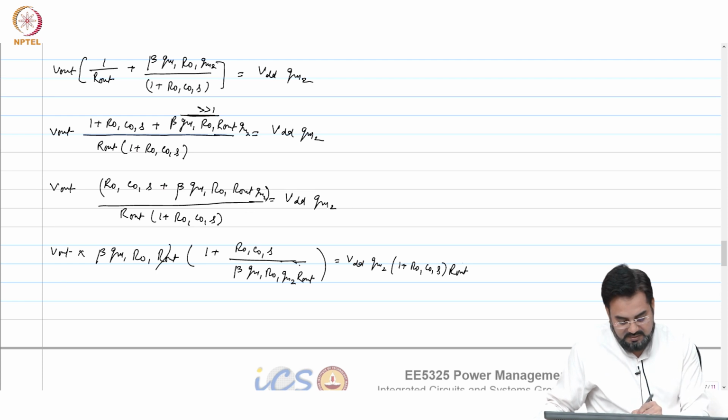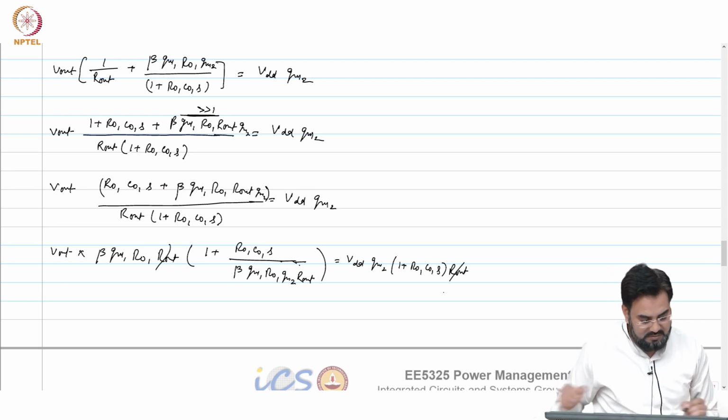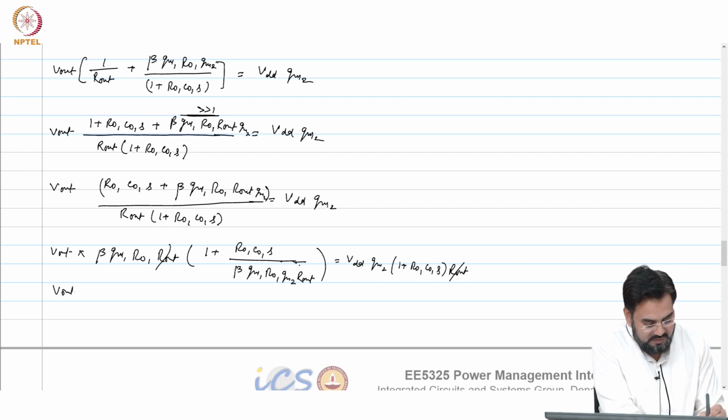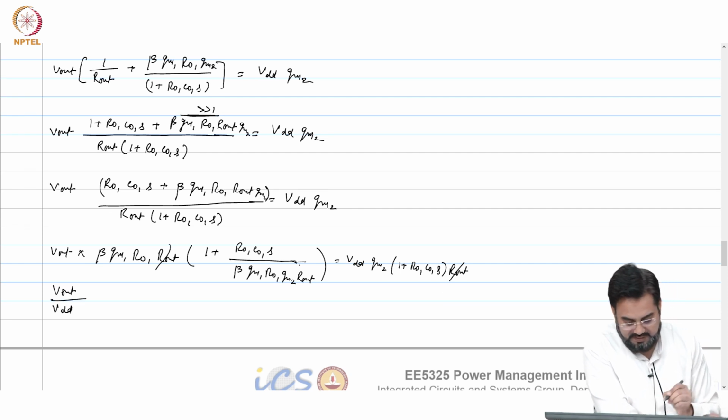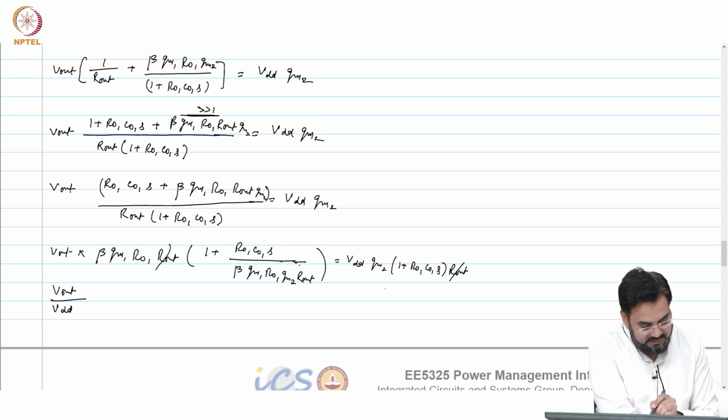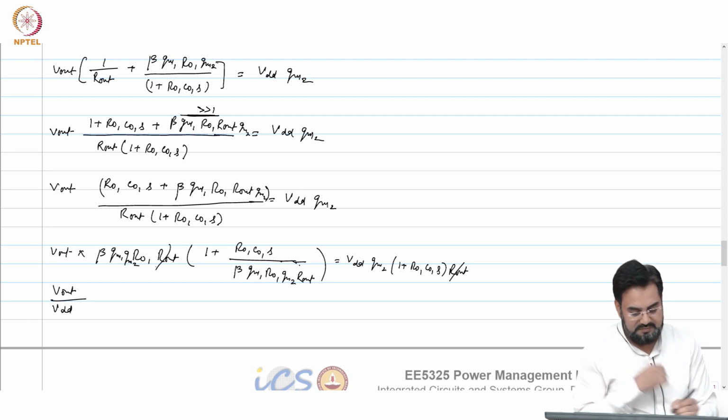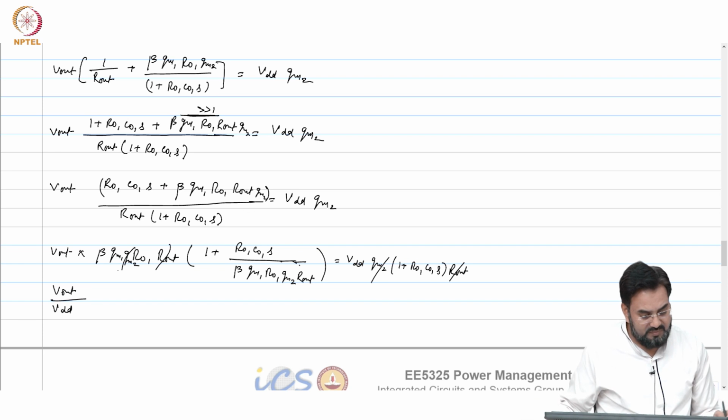R out is cancelled. So V out over VDD, so this GM2 should also get cancelled. Yeah, so we took this whole gain outside, huh? So this should have a GM2 term here also. Beta GM1. Correct?